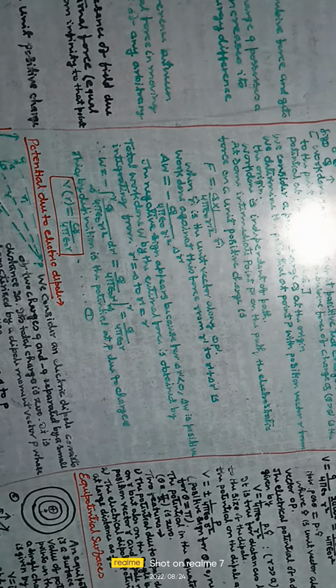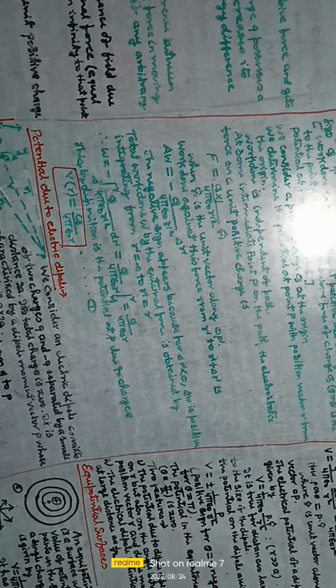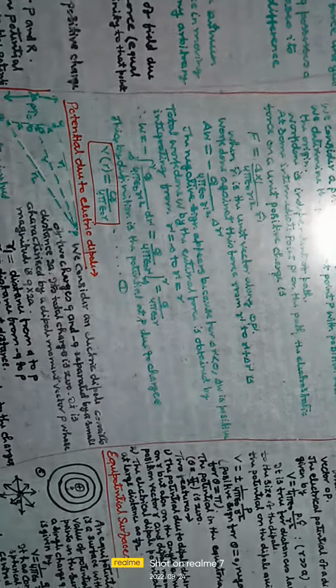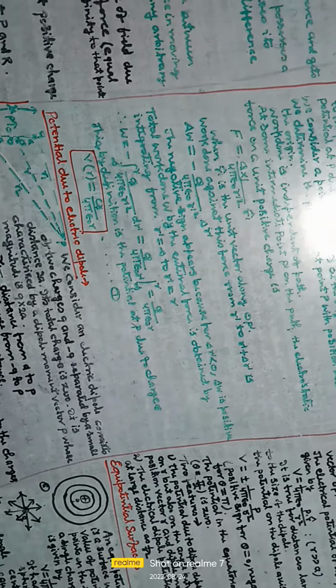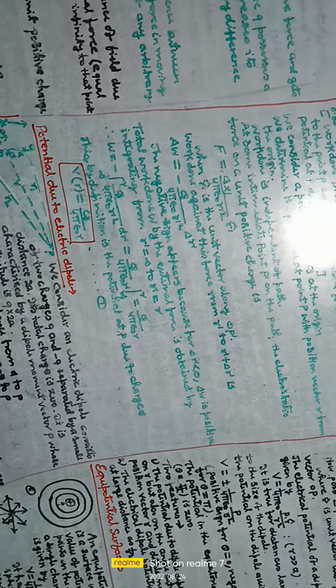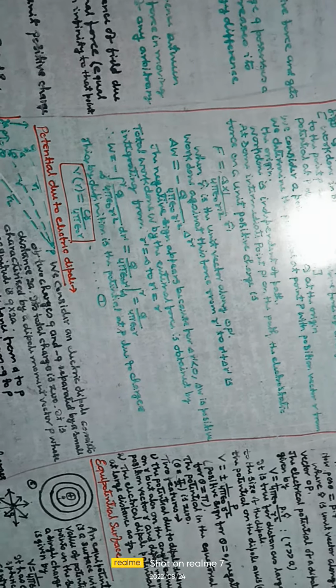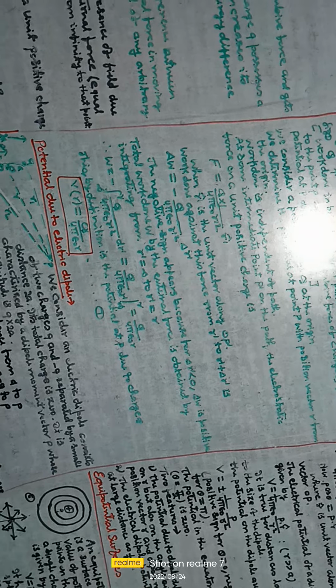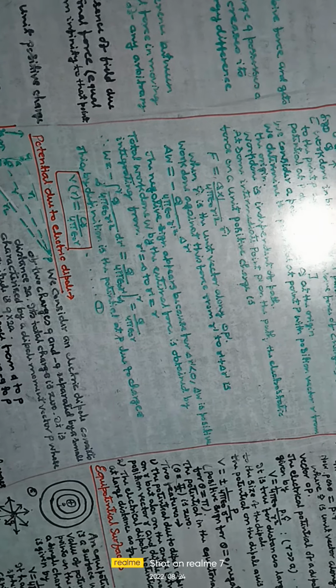The negative sign appears because for delta r dash less than 0, delta W is positive. The total work done W by the external force is obtained by integrating from r dash equals infinity to r dash equals r.